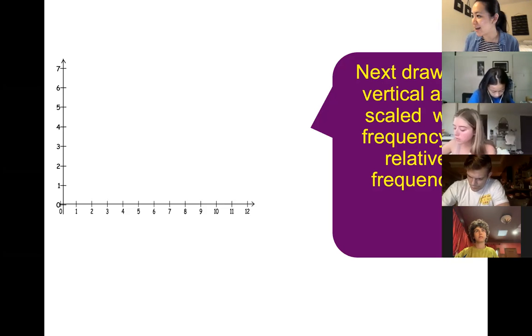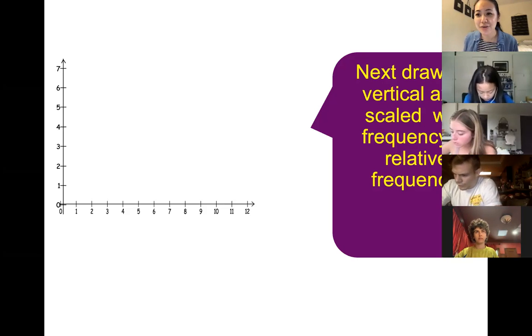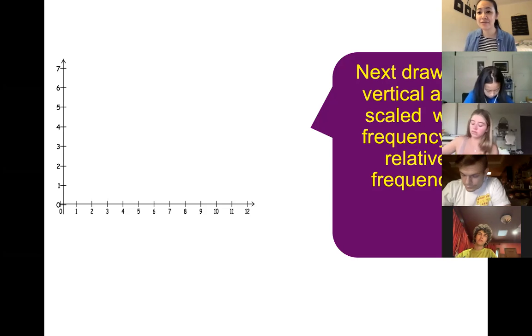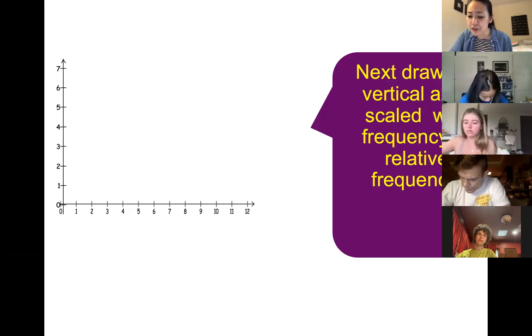Sophie, you got 5. Karis, you got 6. Matthew, 7. Angelus, 8. Bernard, 9. Margot, 10. Kira, 11. And Johnny, 12. Okay, so just look through the data and see how many times your number appears.